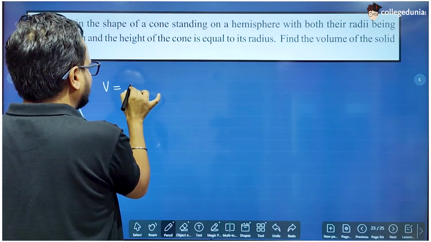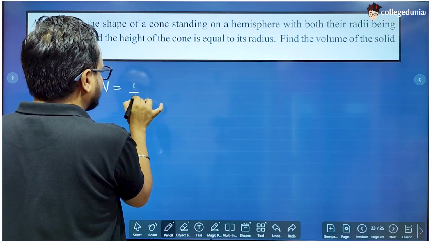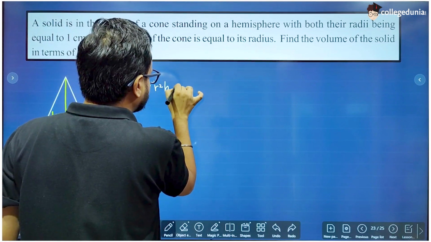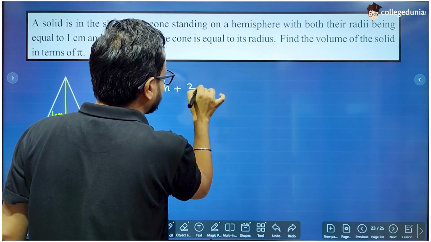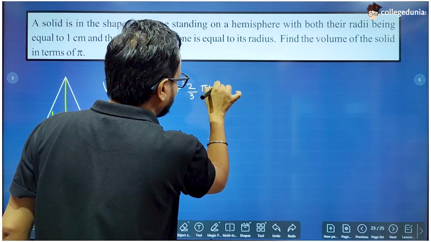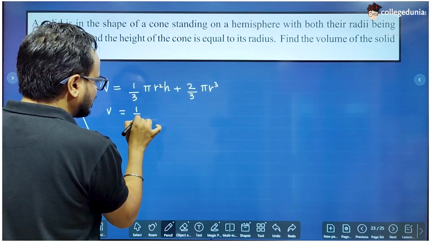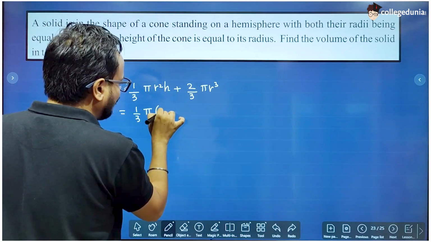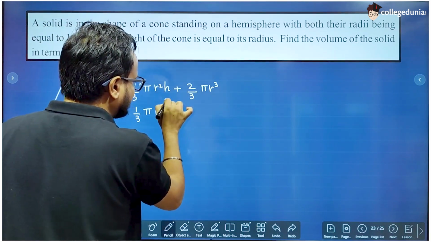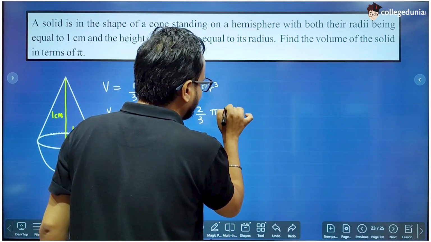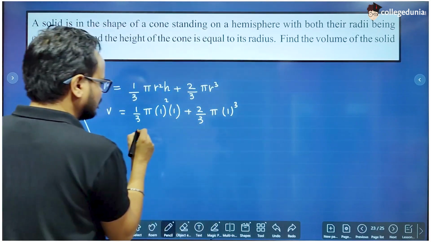Volume of the cone is 1 by 3 pi r square h plus volume of hemisphere 2 by 3 pi r cube. So 1 upon 3 pi, value of r is 1, value of h is 1, square of 1 is 1, 2 by 3 pi 1.